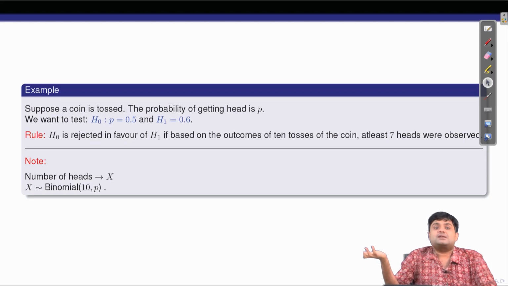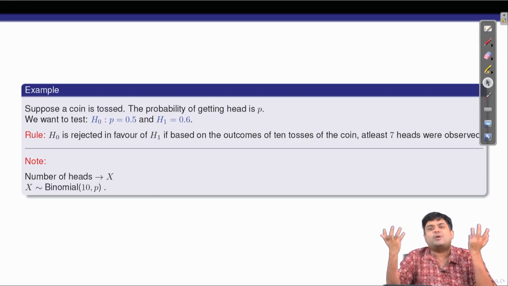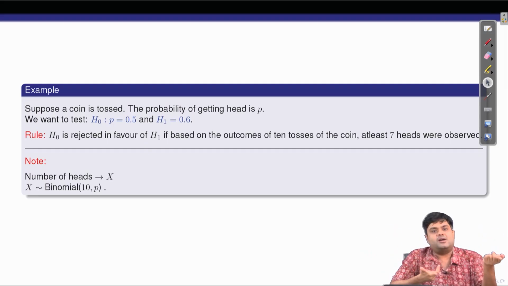But the point is, how much more is enough? 0.5 and 0.6 are not that far. The probability of getting at least 7 heads under 0.6 is more, but it is still a probabilistic situation. You can still get 7 heads or more under p equal to 0.5.